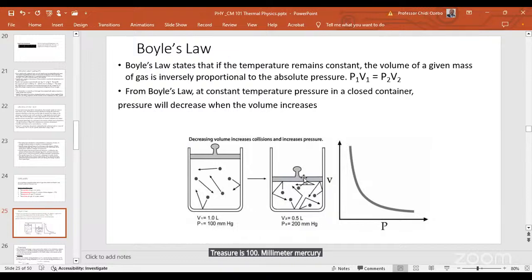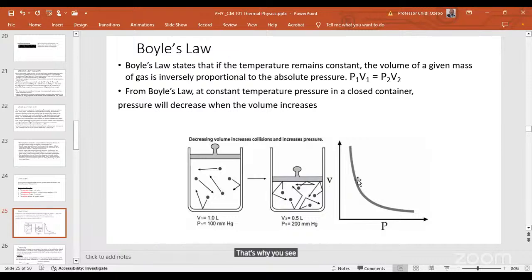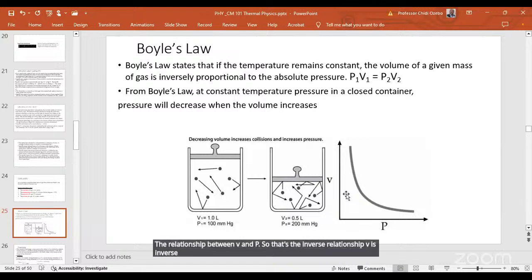And now when the volume is reduced to 0.5 liter, pressure is increased to 200 millimeter mercury. So pressure is inversely proportional to volume. That's why you see this type of curve as the relationship between V and P. So that's the inverse relationship. V is inversely proportional to P. So Boyle's law says P1 V1 is equal to P2 V2.